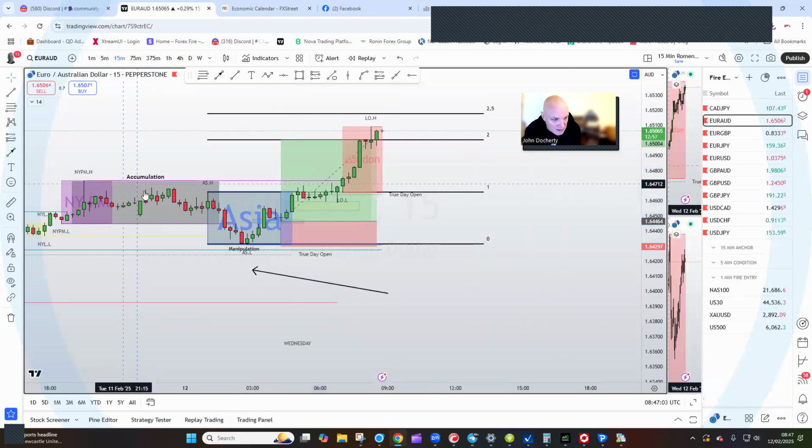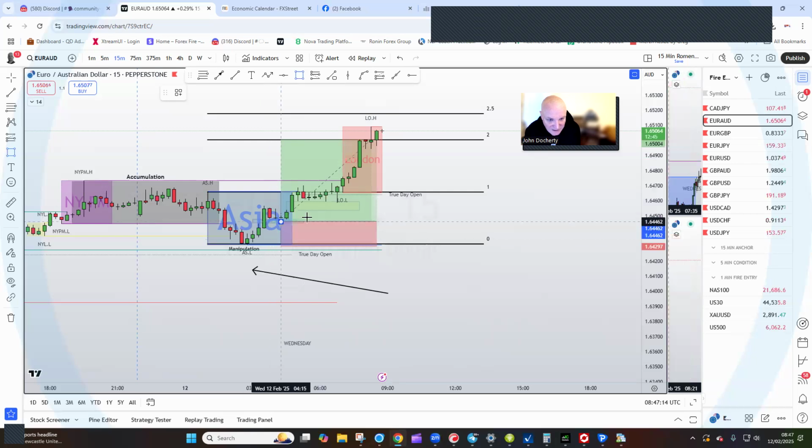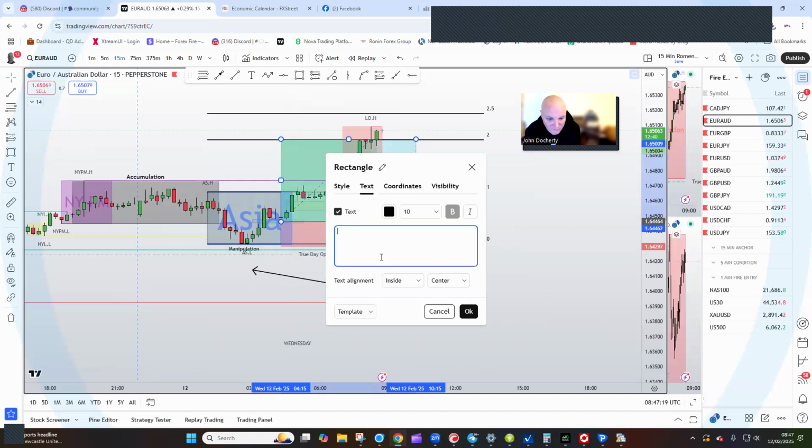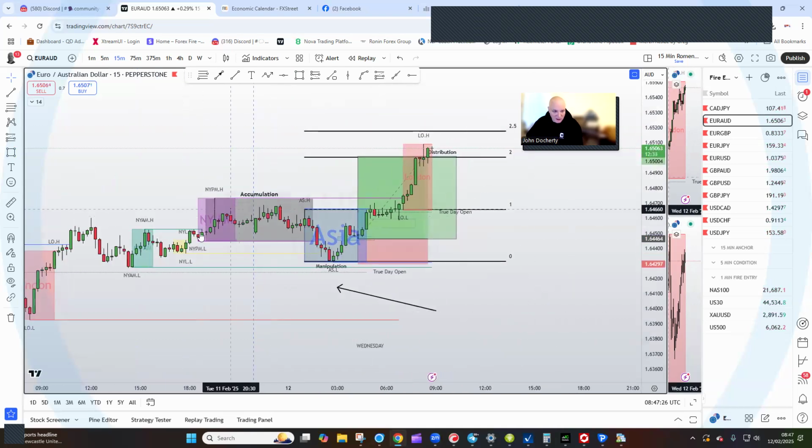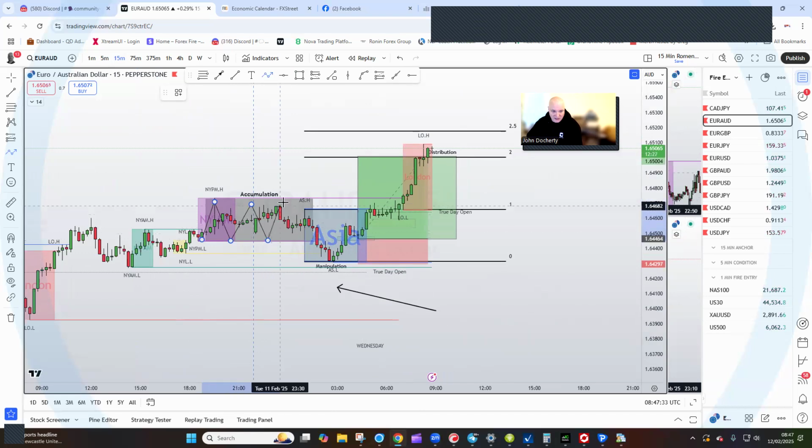So accumulation, we come out with manipulation. We identified when we got the push, there was an FVG left behind here. So your distribution phase is this right here. Again, the rundown of the model: accumulation, price during a session has just been higher highs, higher lows, like double tops, double bottoms.